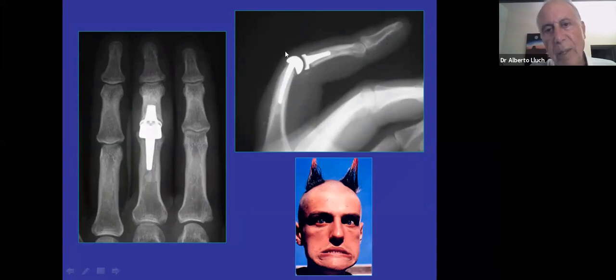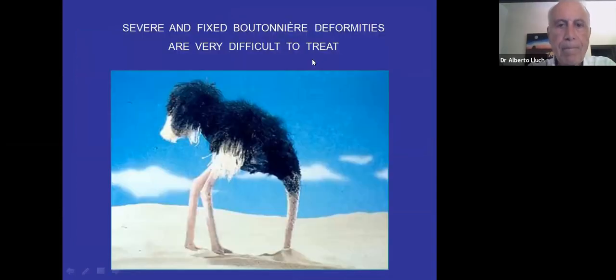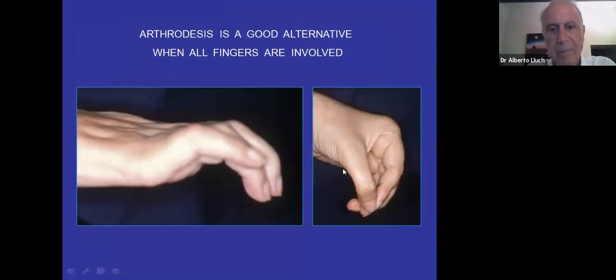That should be immobilized for about 5 weeks, if you can, in all the cases that we mentioned before, to do repairs of the extensor apparatus. So severe and fixed boutonniere deformities are very difficult to treat, and you wouldn't like to see them.